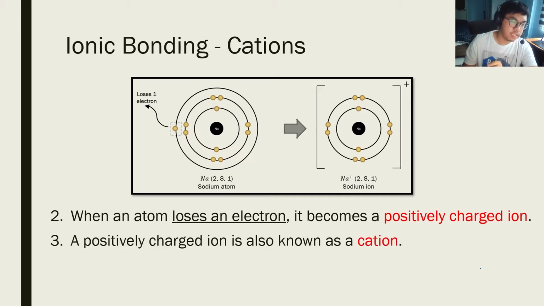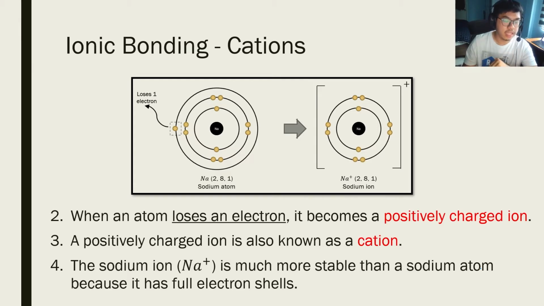A positively charged ion is also known as a cation. The sodium ion, Na+, is much more stable than the sodium atom because it has full electron shells. Ions usually have full electron shells because they lose electrons in order to become full.